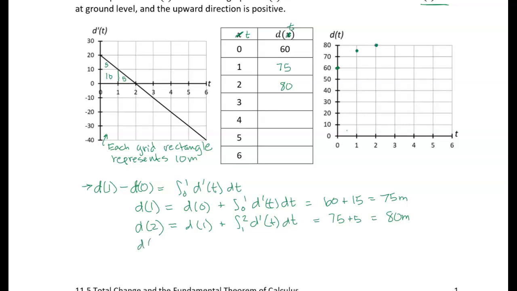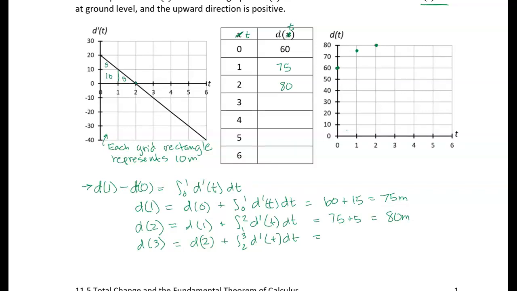And it's just a matter of continuing in this manner. So at t equals 3, we're going to take the position at t equals 2 and add the change that happens from 2 to 3, the integral of the velocity dt, right? So from 2 to 3, it looks like 80 meters is as far as we're going to go. Here at 2, the velocity was 0.